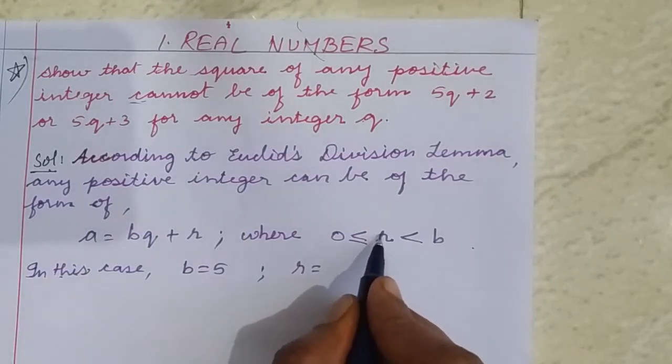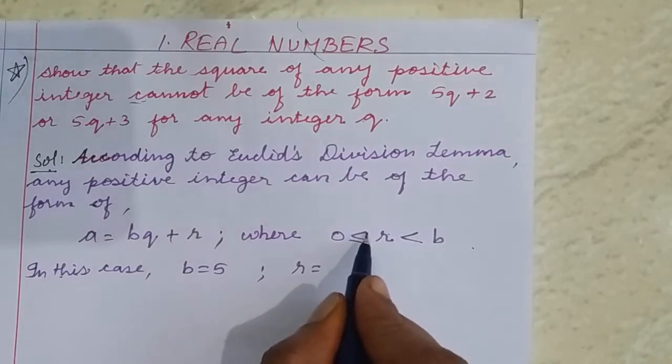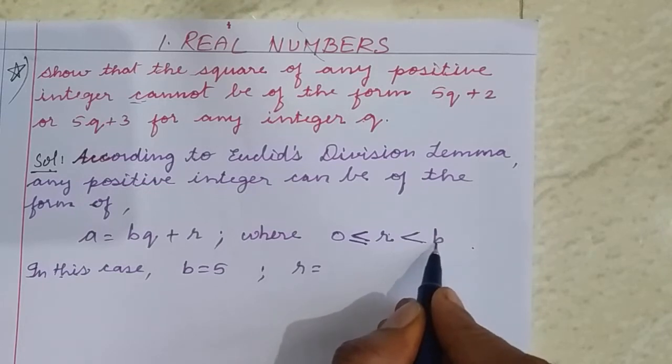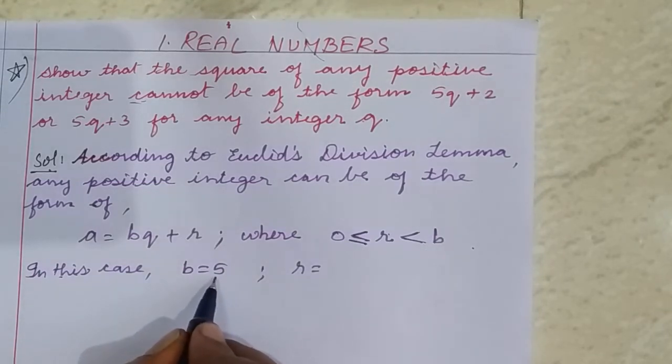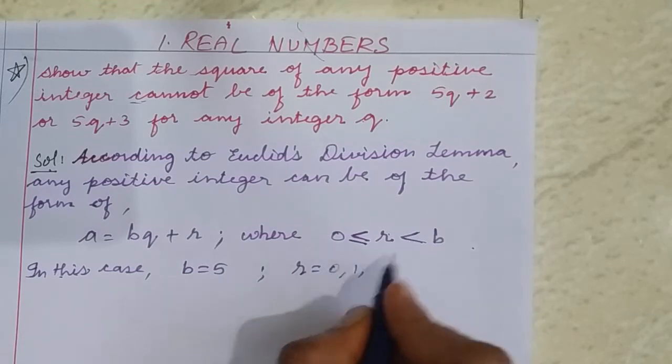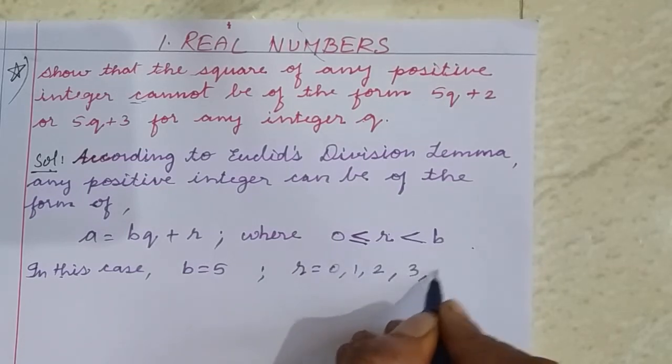We know the value r will be greater than or equal to 0 and it should be less than b. Here the value of b is 5. So the r value ranges from 0 to 4: 1, 2, 3 and 4.